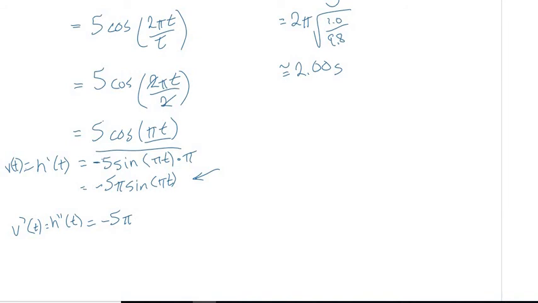And then we're going to do cosine of pi t, and then multiply by the derivative of that inside function, times pi. So now, when we put that all together and clean it up, it becomes negative 5 times pi squared times cosine of pi t.